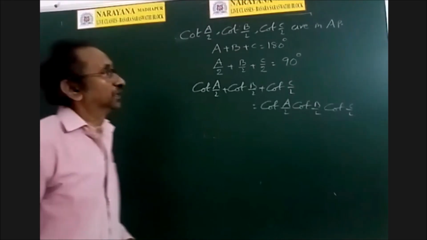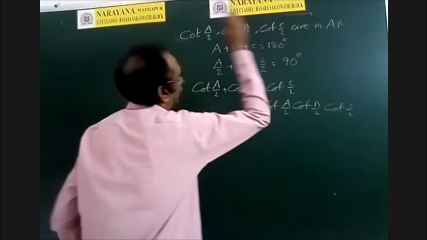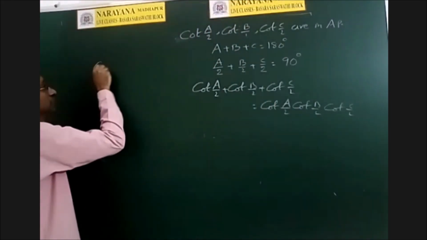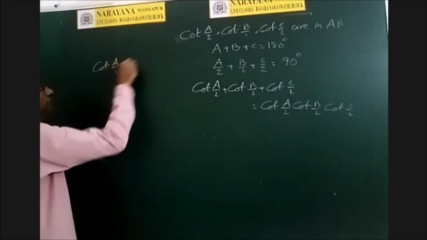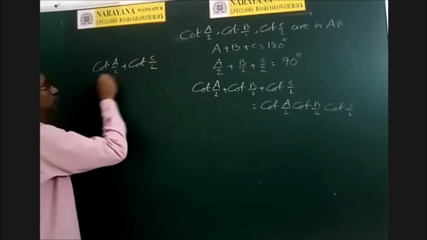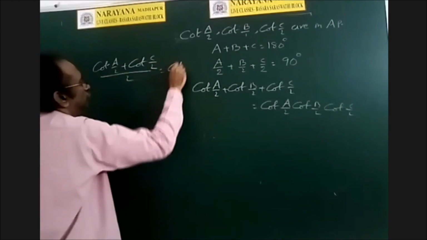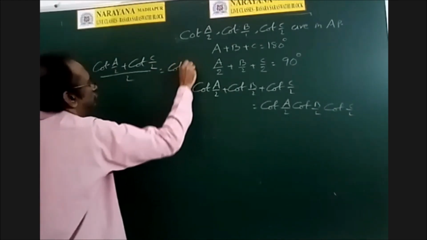So this is the formula. And these three are in AP. That means cot A by 2 plus cot C by 2 is equal to 2 cot B by 2.